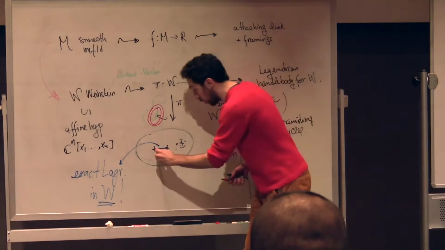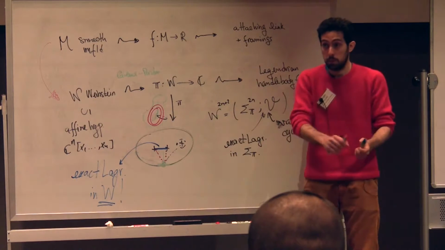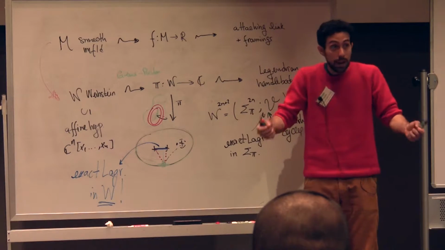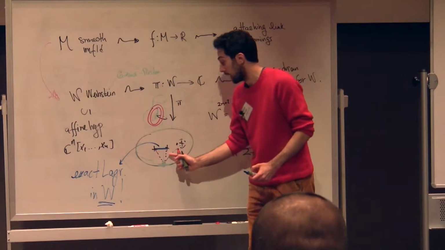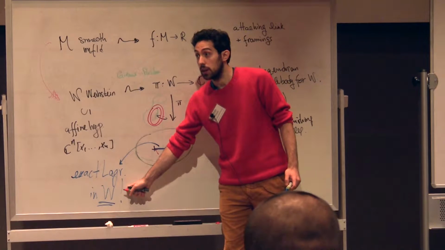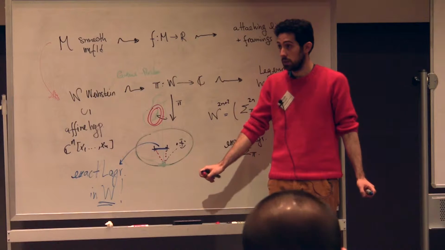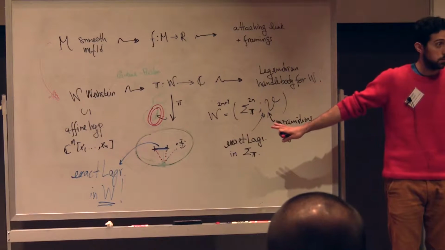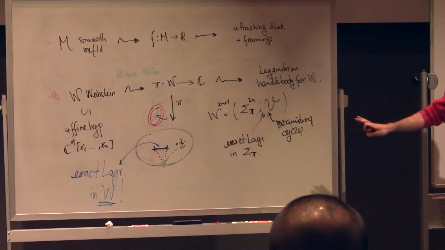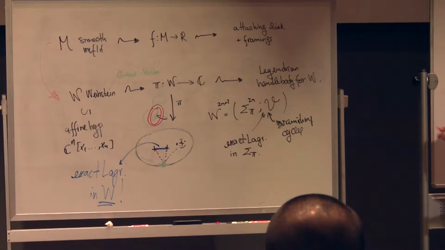And now if you draw this thing, which is called a matching path, because it matches 2 critical points, it might happen that if they have the same vanishing cycles, then I get an exact Lagrangian in the total manifold, in W. Okay? Is this picture understandable right now? It's important.